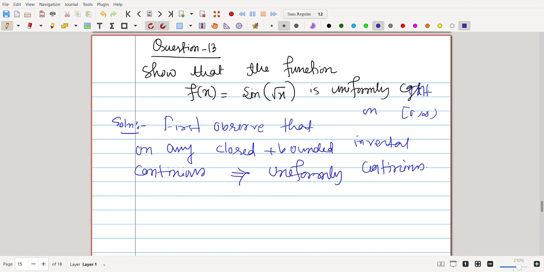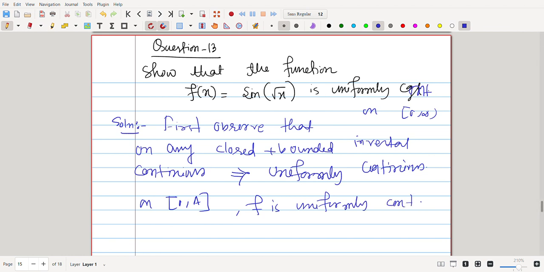Now, if you take any closed bounded interval, say 0 comma a, then on 0 comma a, f is uniformly continuous, right?